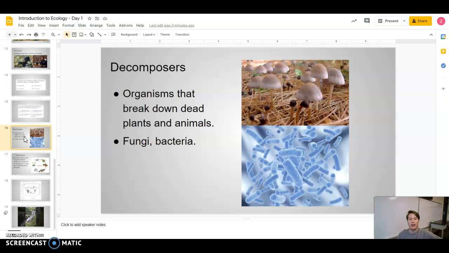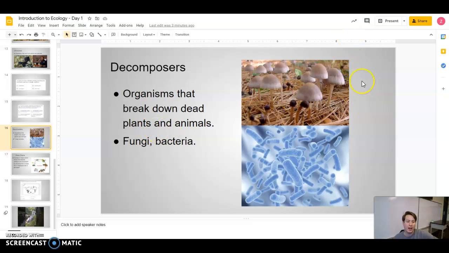Now, we got through producers and consumers. Now we're going to decomposers. So even consumers will die. Producers and consumers will die, and organisms that break down these dead plants and animals are known as decomposers.